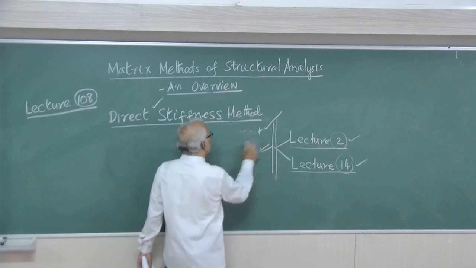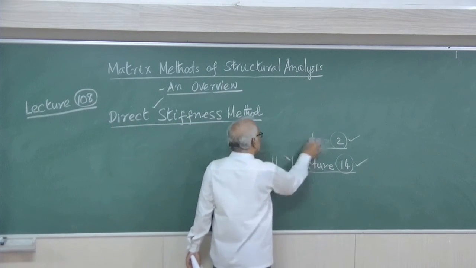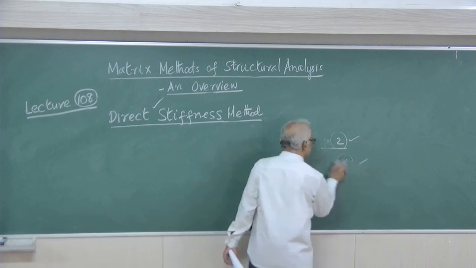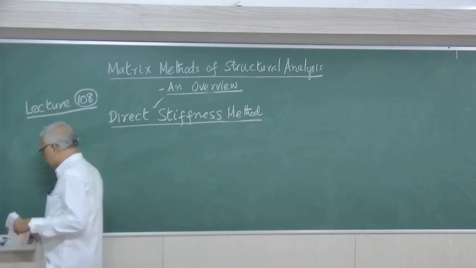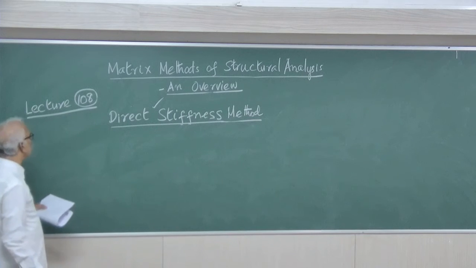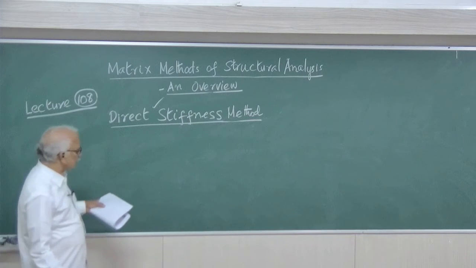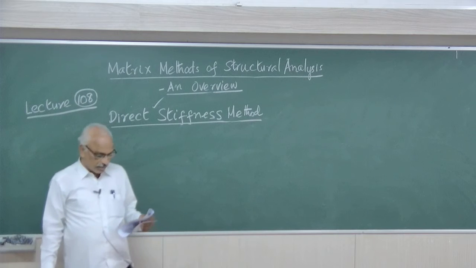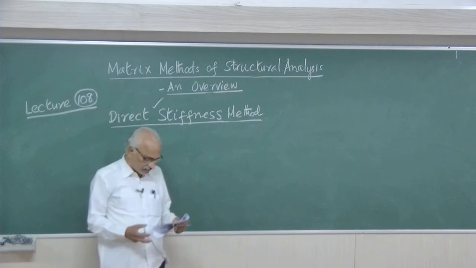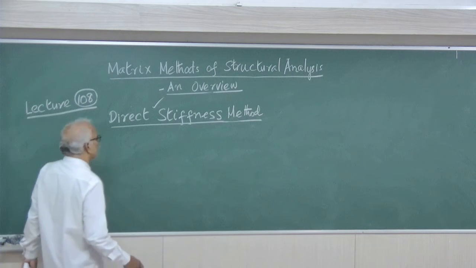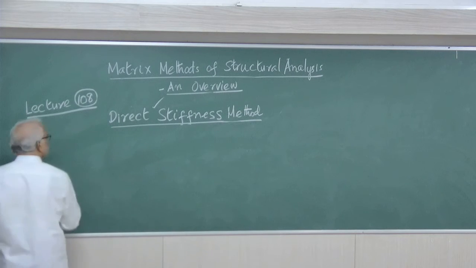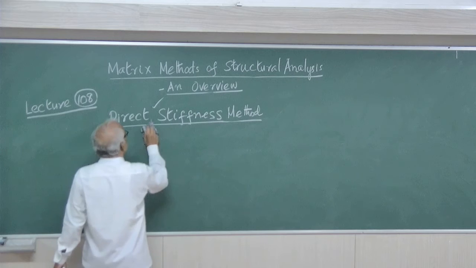Right. Now we have already introduced in lecture number 107 a sufficient overview of the direct flexibility method. So this is the approach. The direct stiffness method is the approach.